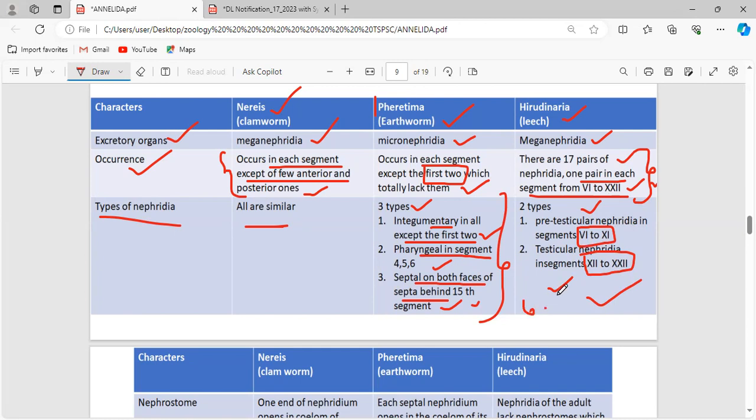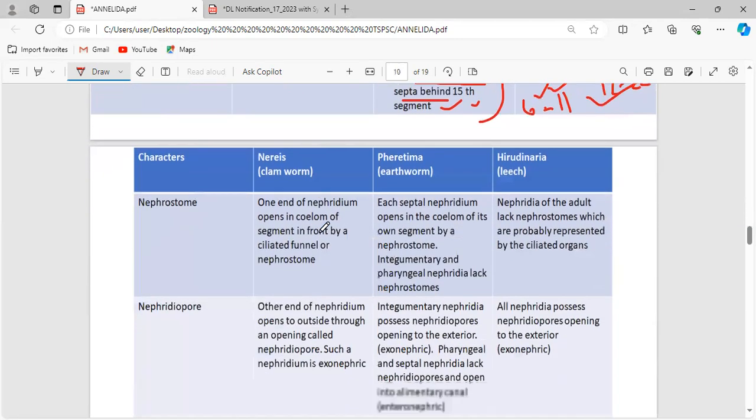From 6th to 11th they are pre-testicular because they lie before the testes. From 12th to 22nd they are testicular nephridia, present behind the testes. Based on the location of the testes, we name these nephridia. So these are all the types of nephridia in these three organisms.